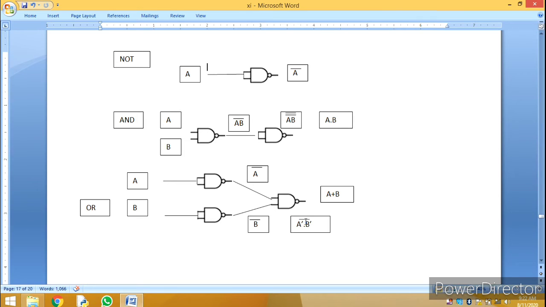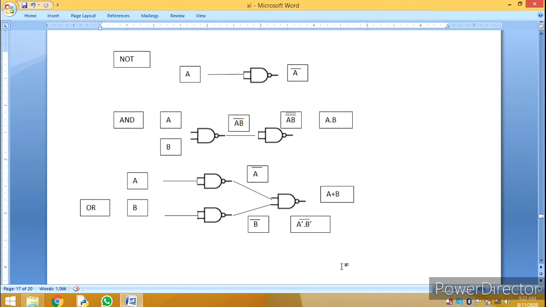And the De Morgan's law states that (A complement into B complement) complement is equal to A plus B. So you are getting A plus B. This represents an OR gate. So it proves that NAND is also capable of performing all the fundamental gates: NOT, AND and OR.